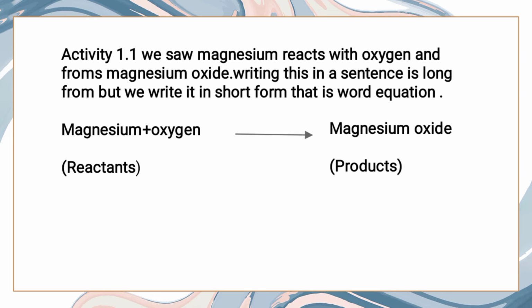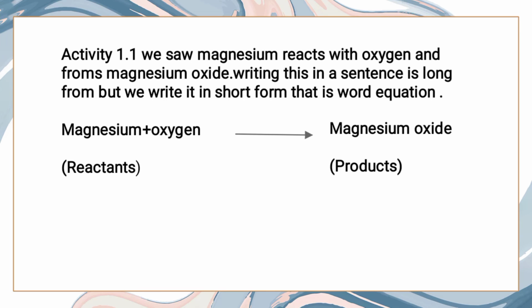Your magnesium and oxygen are the reactants on the left hand side, and an arrow in between showing the products. What you have obtained after the reaction taking place is the product, magnesium oxide. The white powder which you obtained is the magnesium oxide, and that is the product.